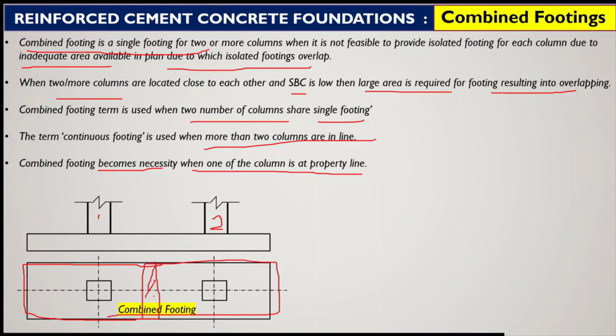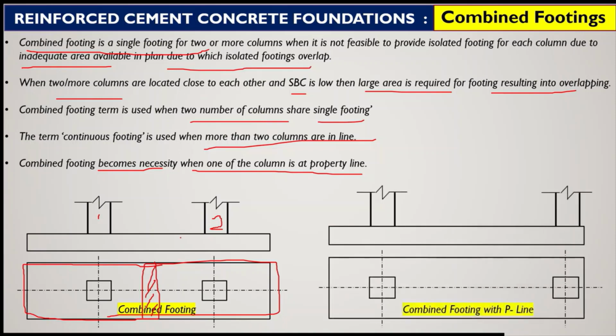Then you can see that some portion of the footing of each column is overlapping with the footing of the other column. So to avoid this, we have to design a combined type of footing. The second case we have considered is when one column is okay but the other column is just at the property line. Then it becomes necessary to design a combined footing when one of the columns is touching the property line.